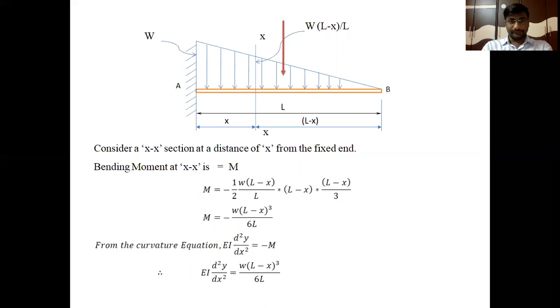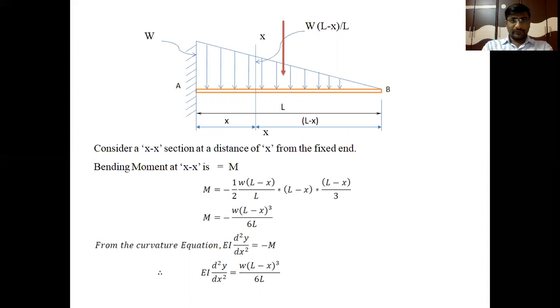Solution for this problem. The diagram shows the cantilever beam, which is fixed at one end A and free at the other end B. The UVL is acting on that beam.